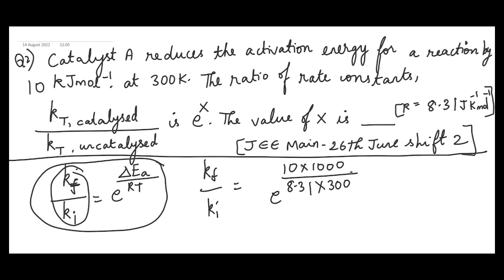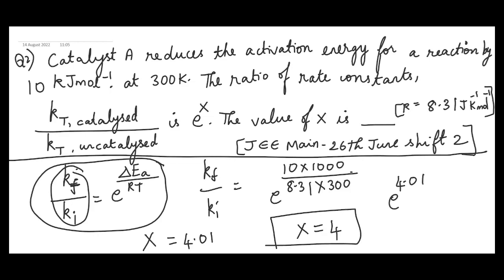On simplifying this, we get e power 4.01 approximately. Now since this was an integer type question, they have asked the value of x. So the exact value of x is 4.01. Rounding it off, we get the value of x to be 4. So this is the answer.